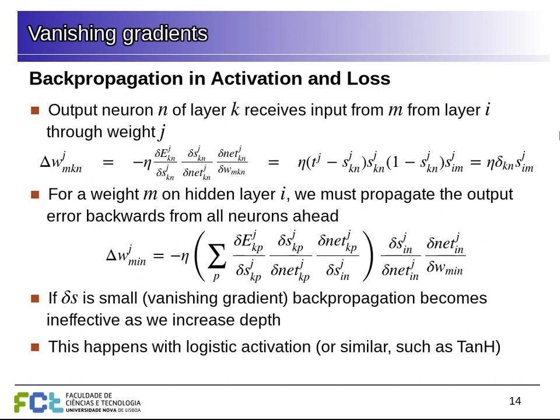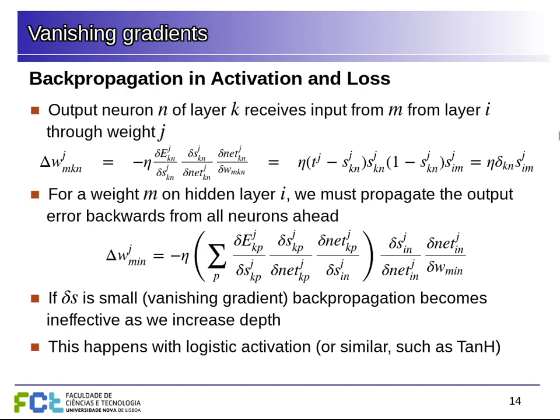We compute the derivative of the loss function with respect to the activation of the output neurons, and then the derivative of that with respect to the weighted sum of the inputs of the neuron using their weights, and then the derivative of that through the output of the previous neuron, which is the activation of the previous neuron, and so on until we reach each particular weight that we want.